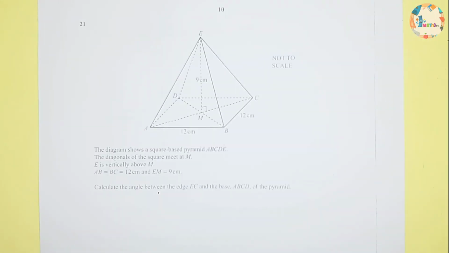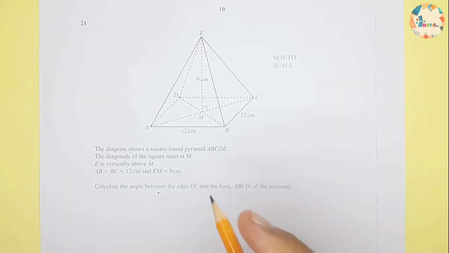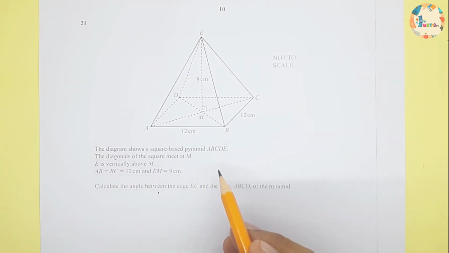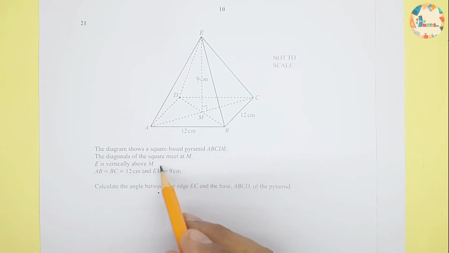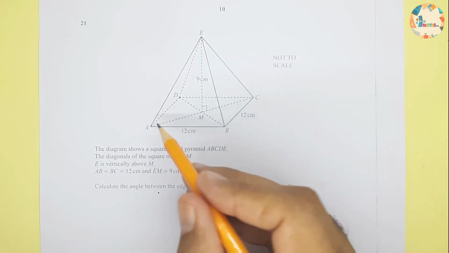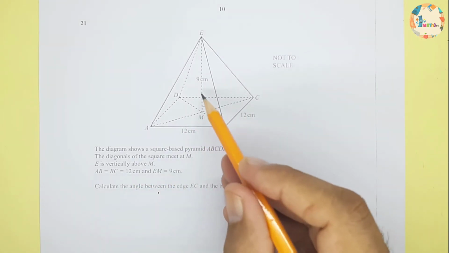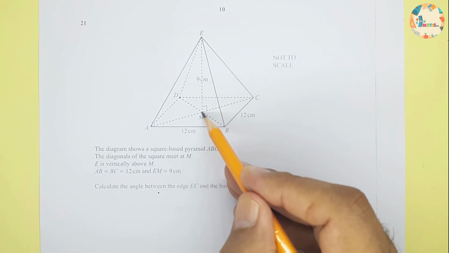Now question number 21, a 3D shape is provided. The diagram shows a square-based pyramid ABCDE. The diagonals of the square meet at M. E is vertically above M. AB is equal to BC, which is 12, and EM is 9.